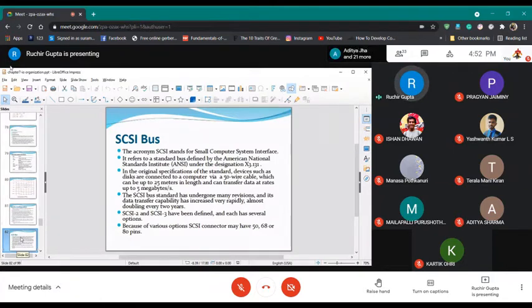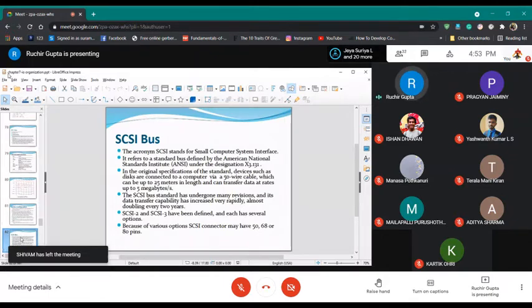And now there are various options. You can have as many as 80 pins, and the data transfer rate has also significantly increased, from 5 Mbps to as high as 640 Mbps.